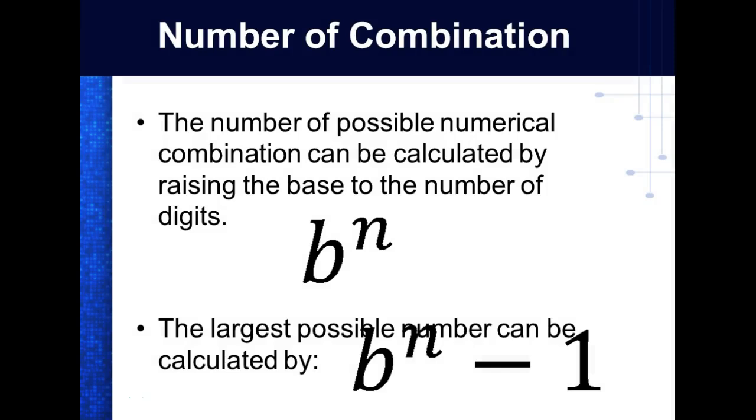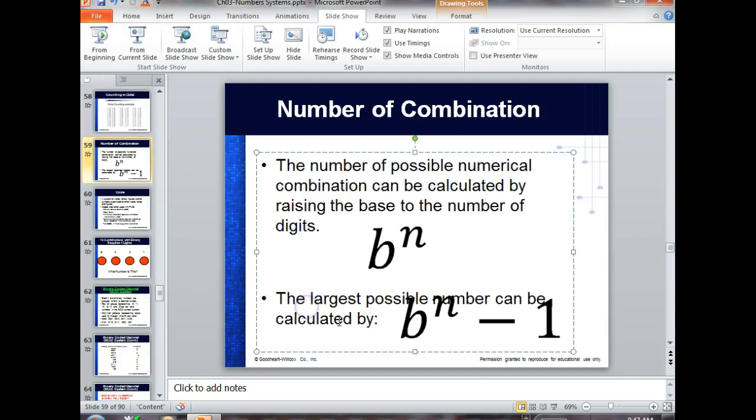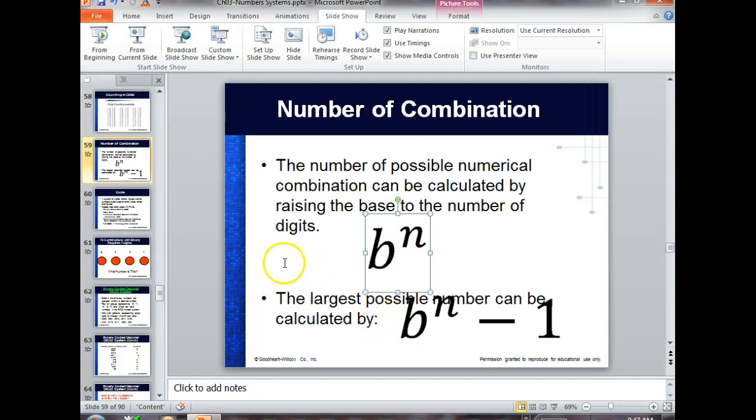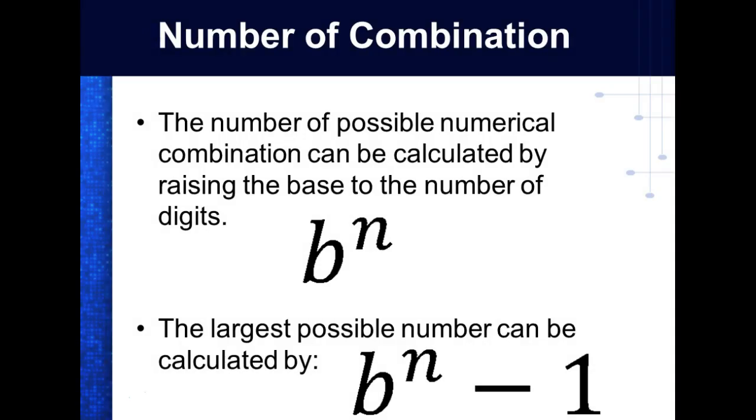Of course, here you're starting with 0. All we do is take the base and raise it to the number of digits. The largest possible number is the base raised to the number of digits minus 1. You okay there?